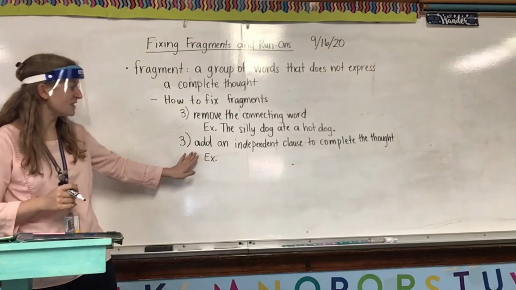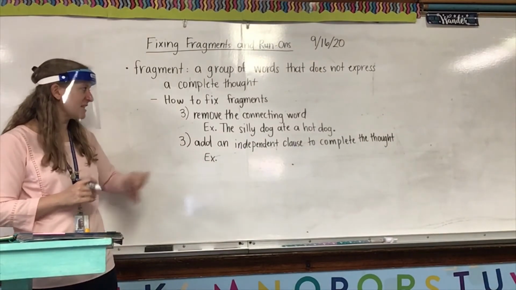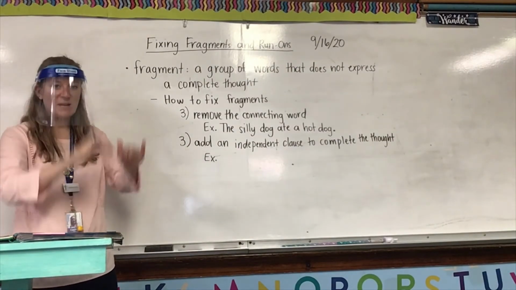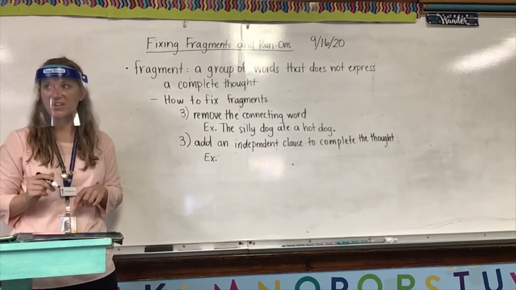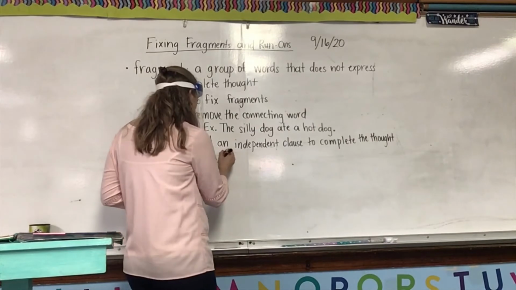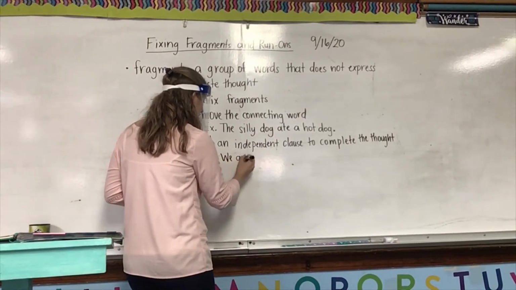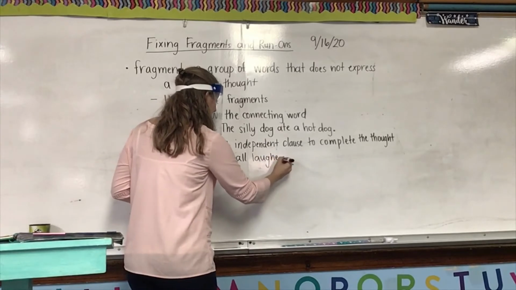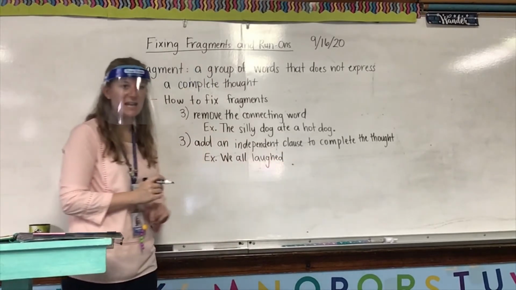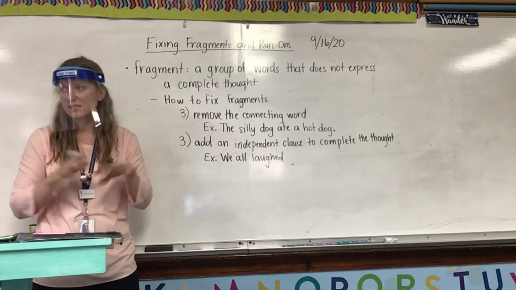Okay, so for example, an example of fixing a dependent clause by itself by adding an independent clause to complete the thought is we all laughed. So there's the independent clause I added. We all laughed can stand alone.